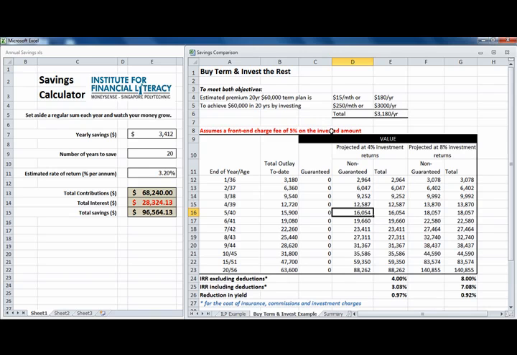Again, he is insured for $60,000, and two scenarios of investment returns of 4% and 8% are worked out. Taking into consideration the cost of insurance and commissions and investment charges, the rate of return will be 3.03% and 7.08% respectively. There is no guarantee on the cash value of this investment.